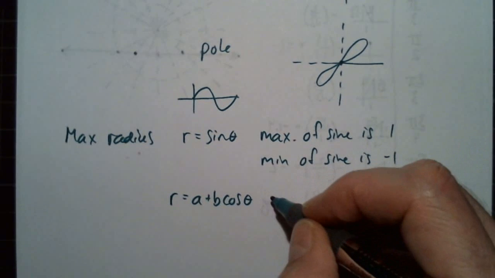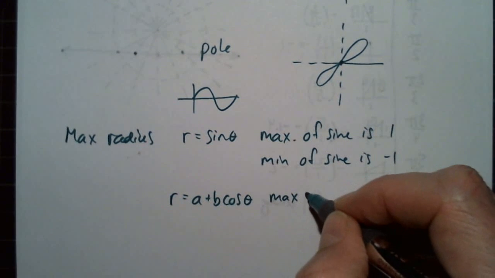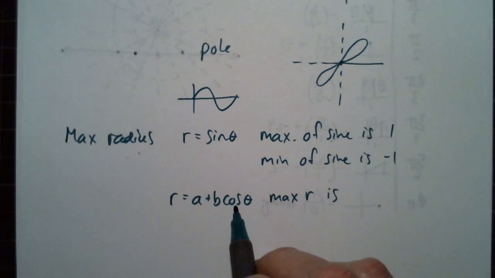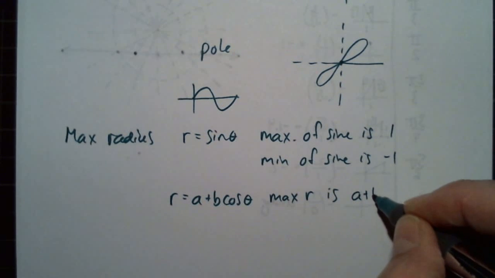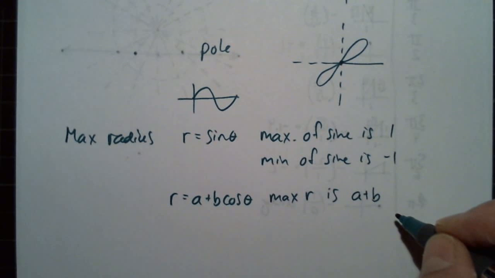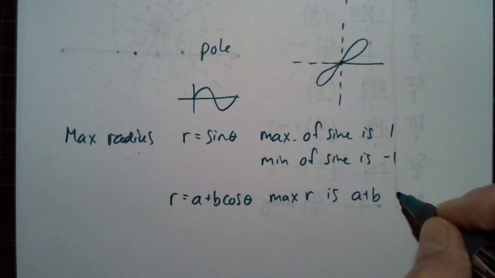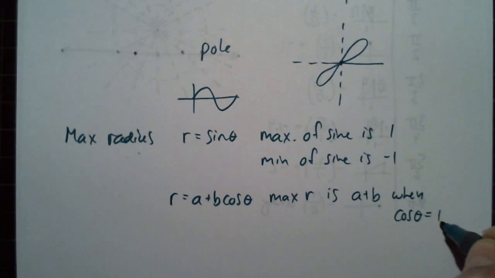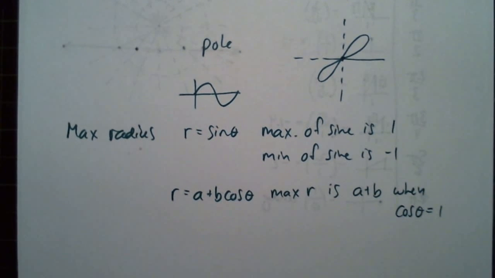So we could say that the max r is going to be when cosine is 1, that would be a plus b, as long as a and b are positive.